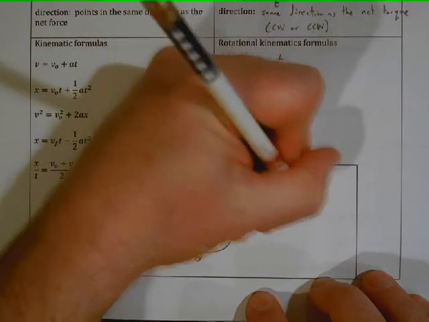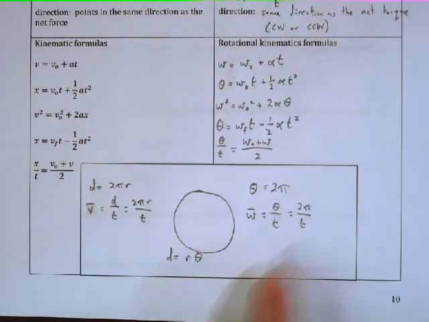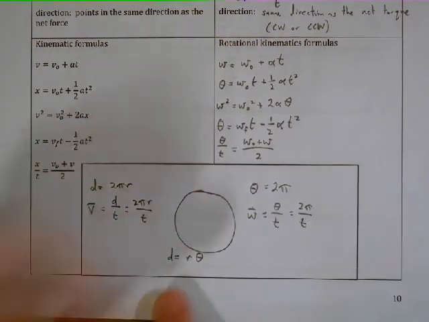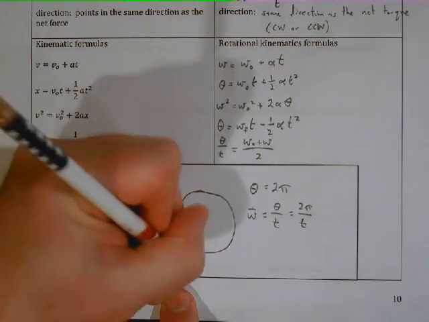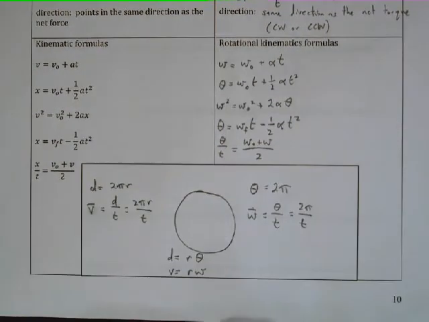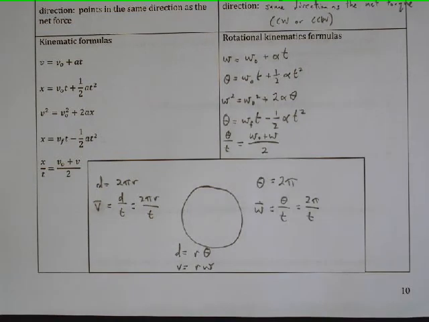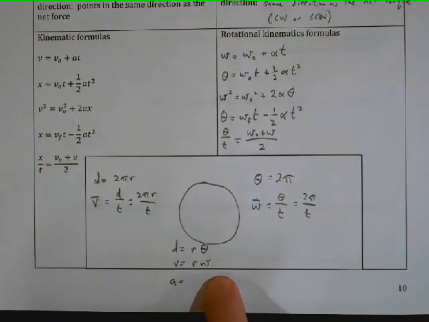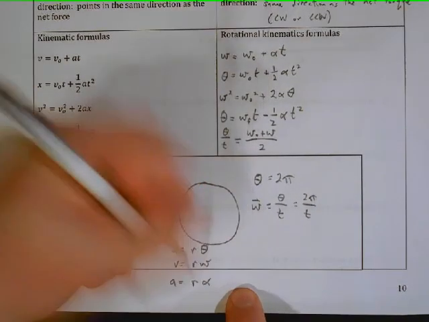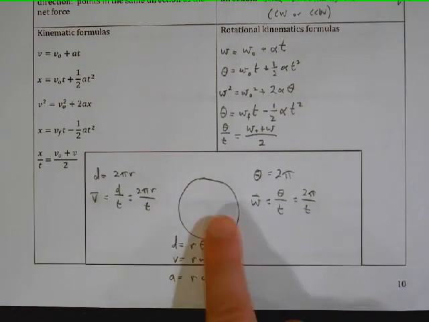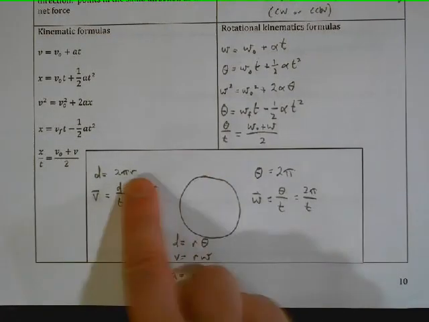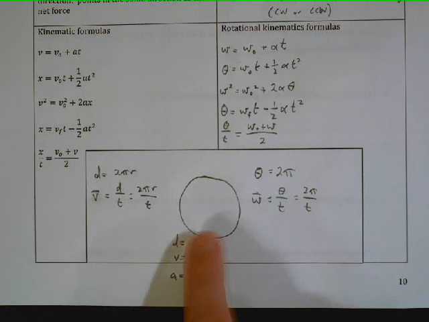So this is going to be 2 pi r over t, and this is going to be 2 pi over t. Well, I have to take this times r to get this. So v equals r times omega. And then you can do the same thing. If I take this divided by t, I get a. If I take this divided by t, I get alpha. So there you go.